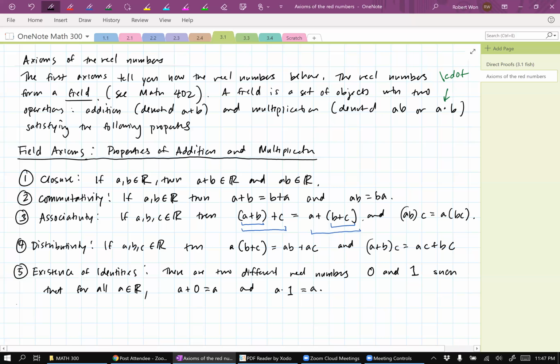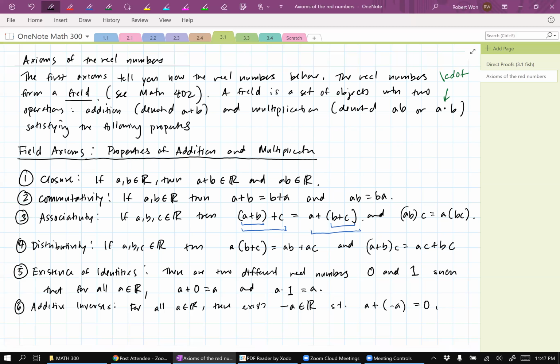Okay, the sixth axiom is the existence of additive inverses. So for every real number a, there exists some other real number, which I'll call negative a, such that if you add a and negative a together, you get 0.